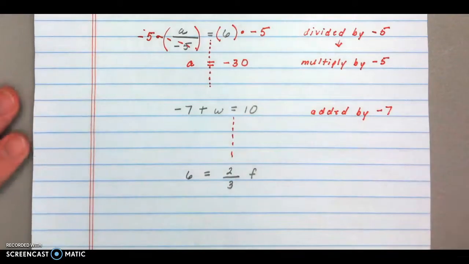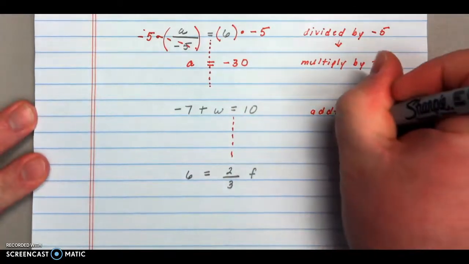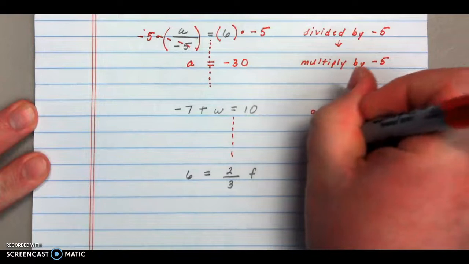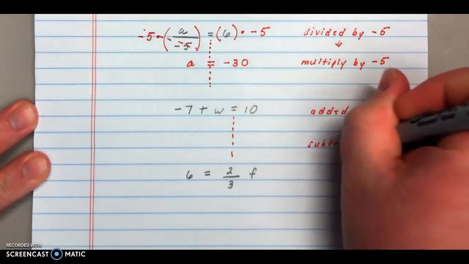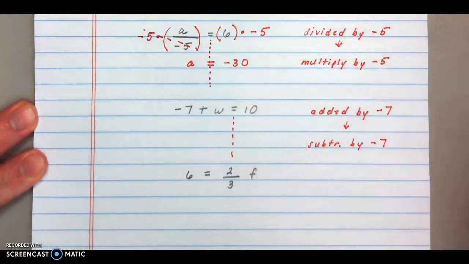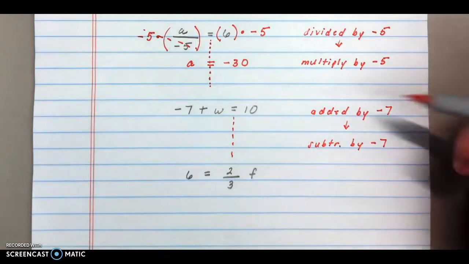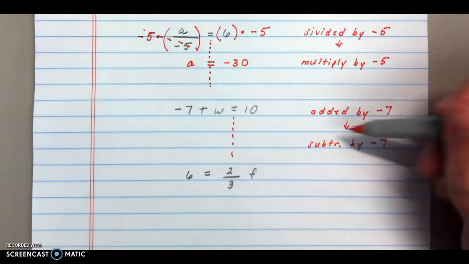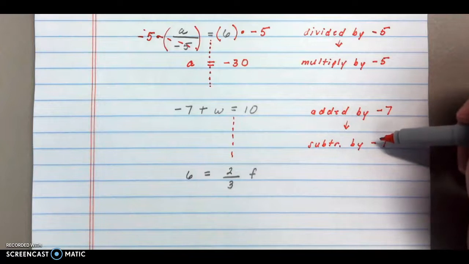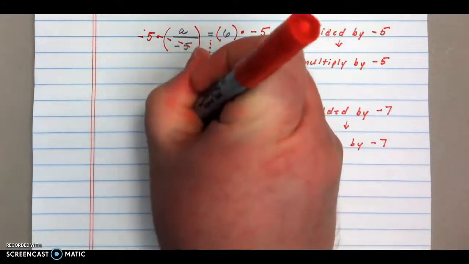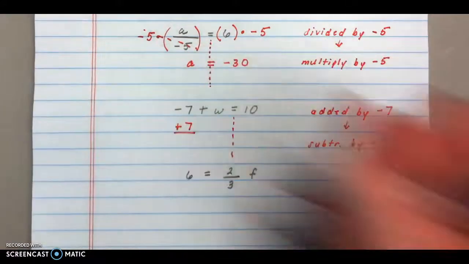So the inverse of that would be subtracted by negative 7. Now think of it, if we're subtracting by a negative, subtracting by a negative is the same thing as really adding, because we're taking away negative things. So we're really going to add 7.